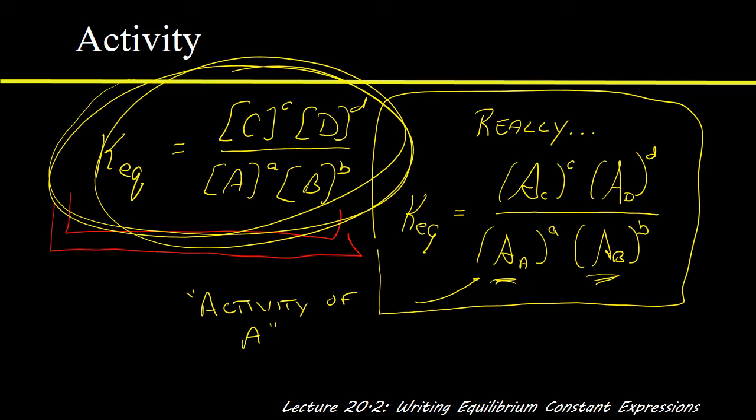They're all handled slightly differently, and the reason that they're handled differently has to do with this definition of activity. And so I'd like to include a short discussion of activity so that you can see where the different way that we handle these different species comes from. Other than that, I won't really ask you much about activity.